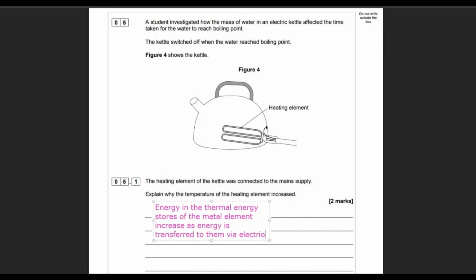Now, we weren't given specifics, so we might think, do we have to mention the chemical energy in the power station from the coal or the gas that was boiled? We haven't actually been told what energy resource is being used. So we just know that electricity is being transferred down the cable, and the thermal energy store is increasing.